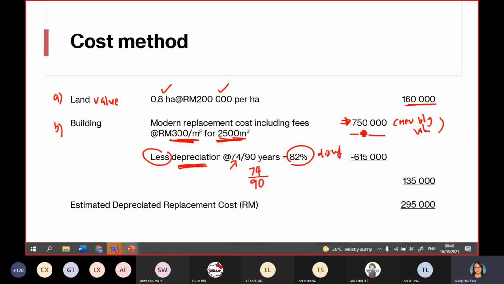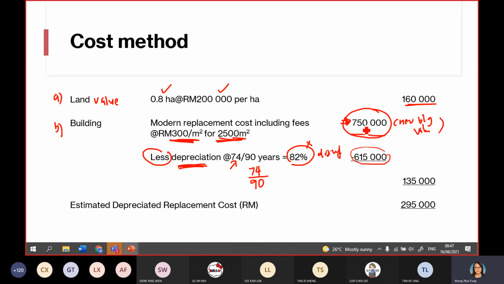82%, because this 750,000 is the new building value. But as I mentioned in the question, the hospital has already existed for quite some time. So this figure, you need to discount 82%. So you just use this figure times 82%, then you should be able to get this figure.